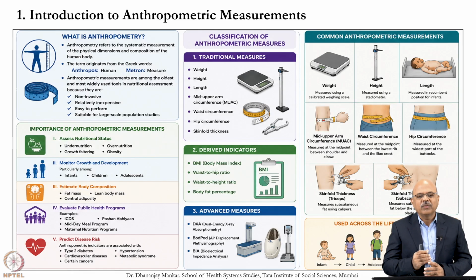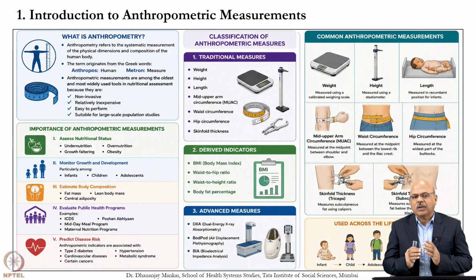It is also important in the evaluation of public health programs, particularly the ICDS program, midday meal, Poshan Abhiyan, and maternal nutrition programs. It also helps in predicting disease risk, since anthropometric indicators are associated with type 2 diabetes, hypertension, cardiovascular diseases, metabolic syndrome, and certain cancers.